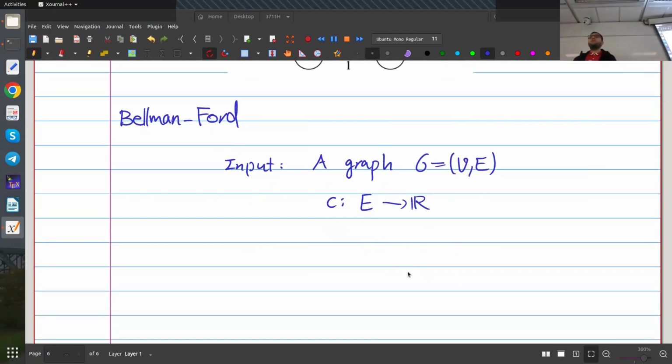I'm not going to say I don't have cycles. I want to solve the general case of the problem where I can have cycles. And I can also have negative weights. I'm going to say I can even have negative cycles. Okay? But first, I'm going to start without negative cycles. Then we will talk about how it actually works even if we have negative cycles.